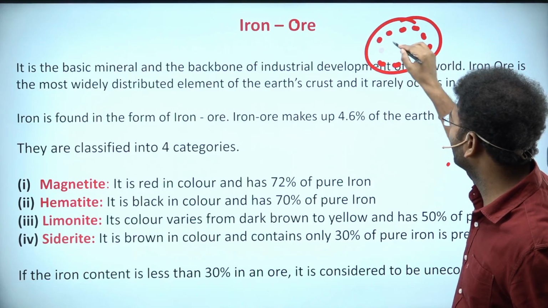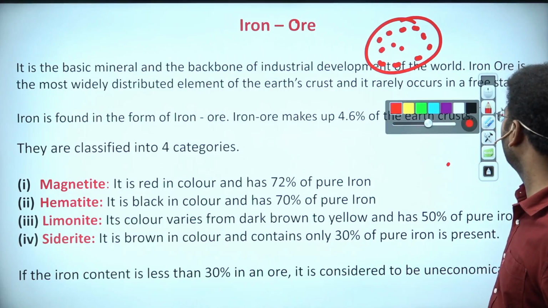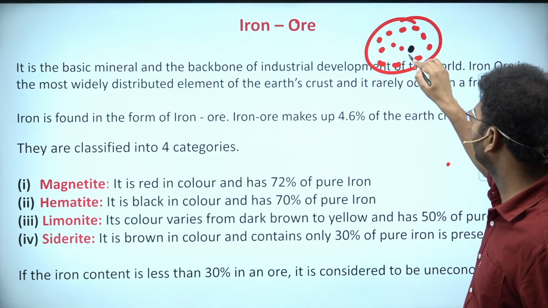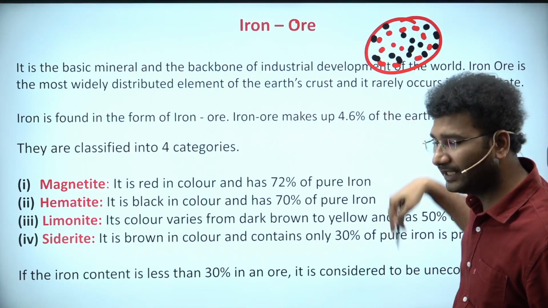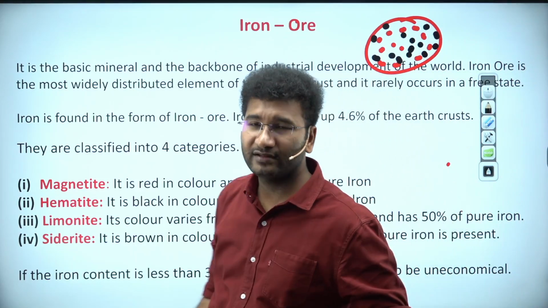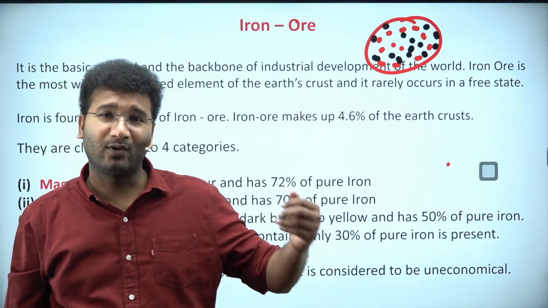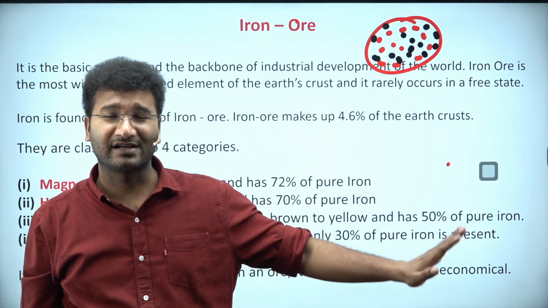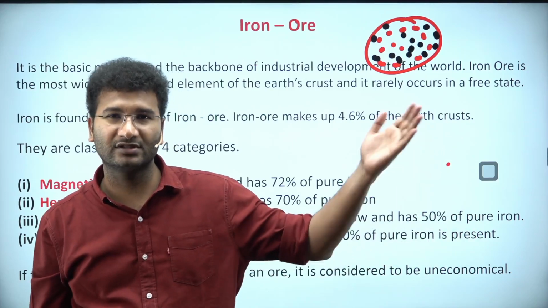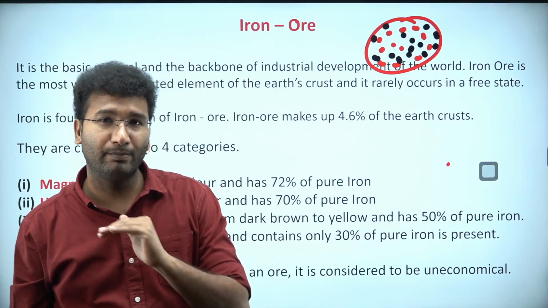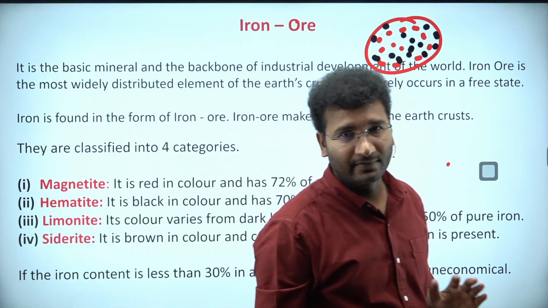Imagine the red components are impurities, and the black components are your iron. Now they can be present in the form of a vein, a lode, a bed, whatever it is. Let's keep it aside. You have learned where the minerals are present. They can be present in the form of veins, lodes, alluvial placer deposits, beds, layers, like that.